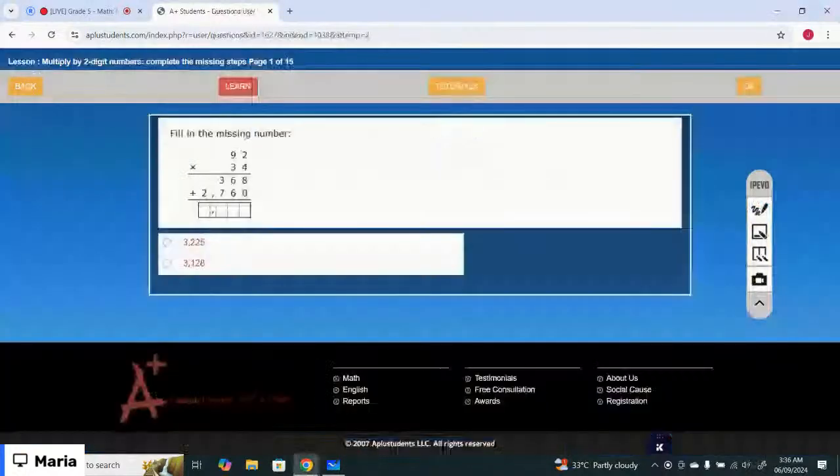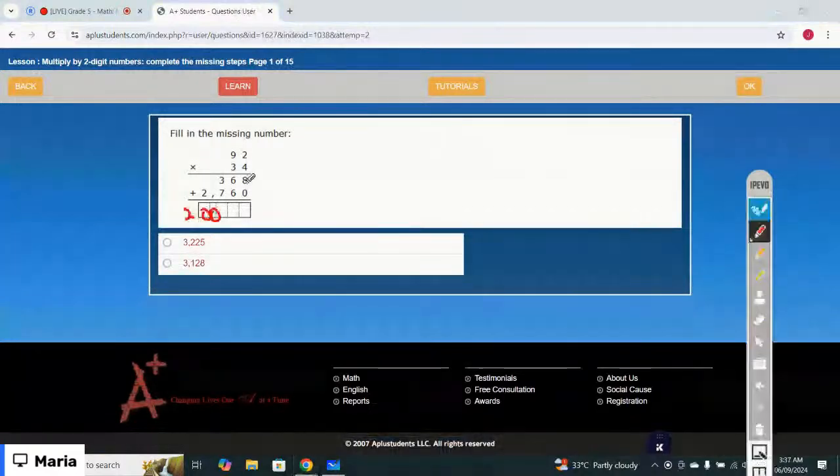Okay, fill in the missing number. So you did all the multiplications. You multiply by the ones digit, you multiply by the tens digit. You just skip the adding. So you have to add them. 8 plus 0 is 8, 6 plus 6, 12, 2, 1 carry, 7, 3, 10 and 1, 11, 1, 1 carry, 2 and 1, 3.